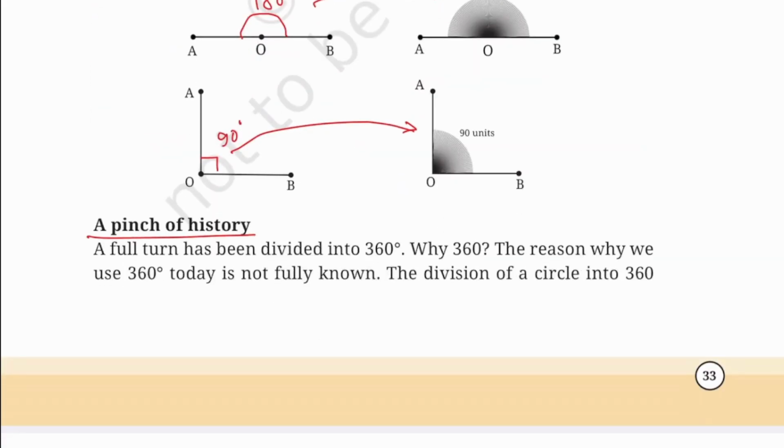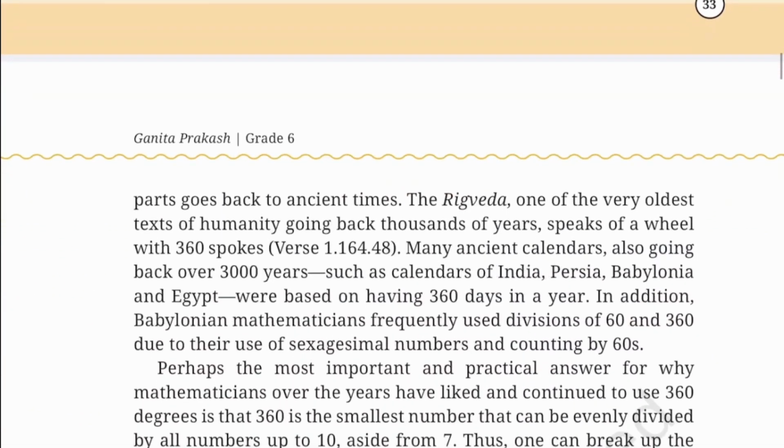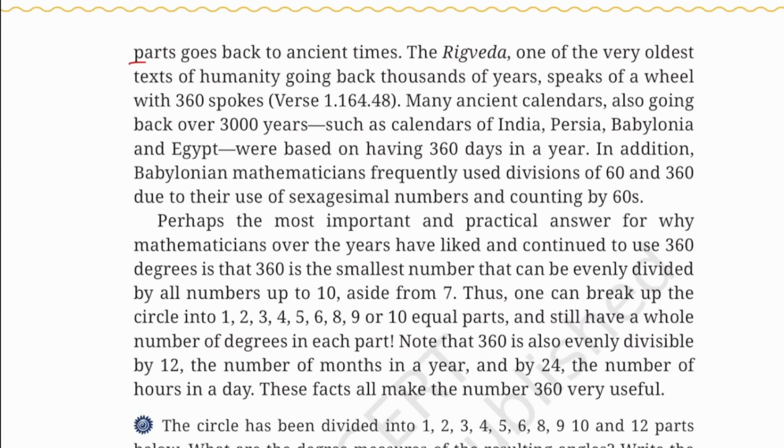A pinch of history. A full turn has been divided into 360 degree. Why 360? The reason why we use 360 today is not fully known. The division of a circle into 360 parts goes back to ancient times.